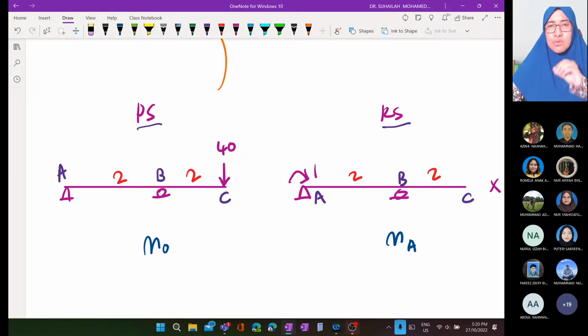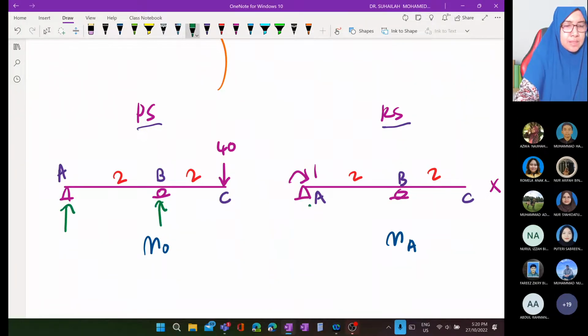I want you to calculate the reaction. Please calculate AY and BY for both, because AX is 0. Please calculate AY, BY for both systems.